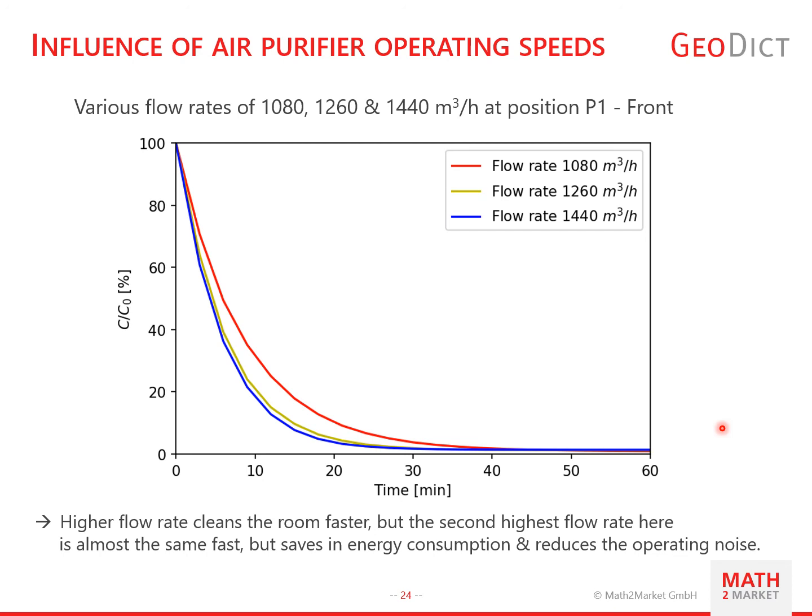And therefore, as a short conclusion of these investigations, we can find out that the operating speeds or volumetric flow rates and also the location or position of the air purifier are 2 important factors for their optimal functionality in a room.